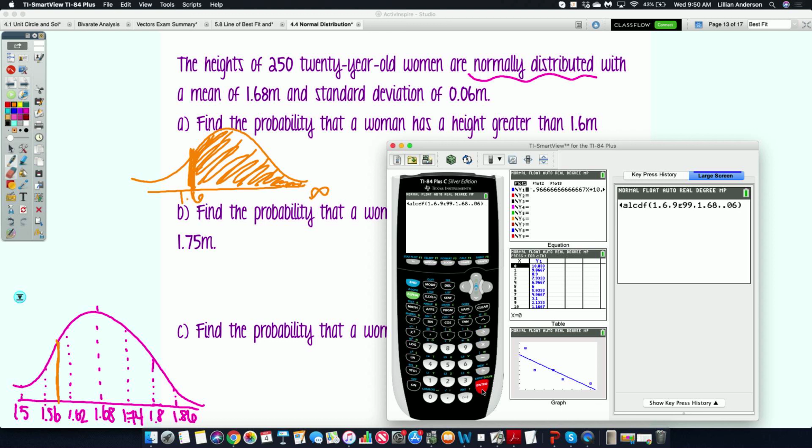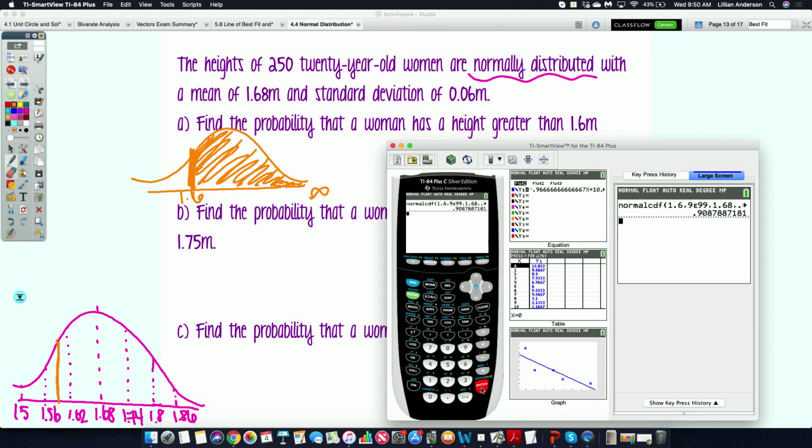If your calculator is not like mine, then that's literally the order in which you have to type it in. Lower bound, comma, 9E99, comma, 1.68, comma, 0.06, close parenthesis. Then when you type enter, that is the probability. Round to 3 significant figures.